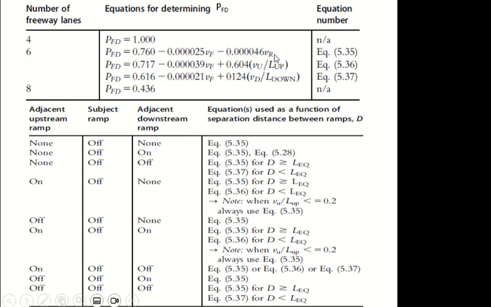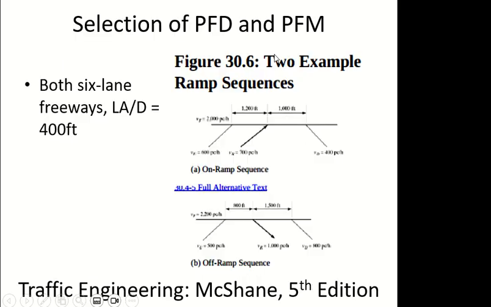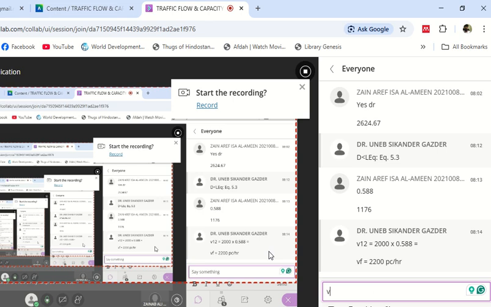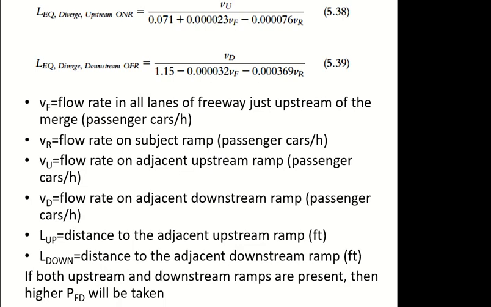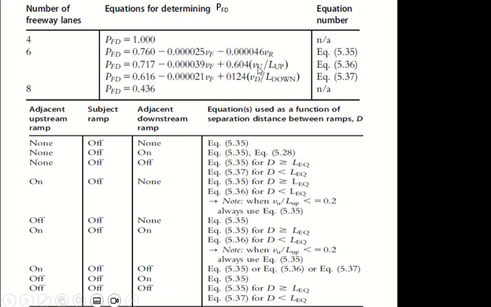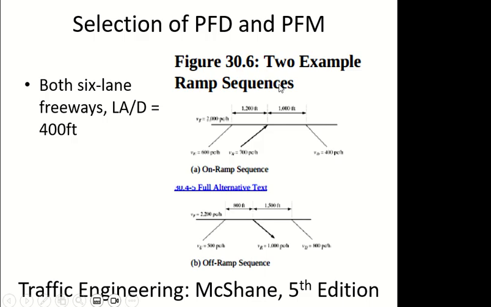Okay, I need VR, which is the flow on my ramp. So VR is 1000. Okay, and I need the flow on the upstream ramp and the distance to the upstream ramp, flow on the downstream ramp, distance to the downstream ramp. Okay, all of them are given here. Upstream ramp flow 500, distance 800 feet.